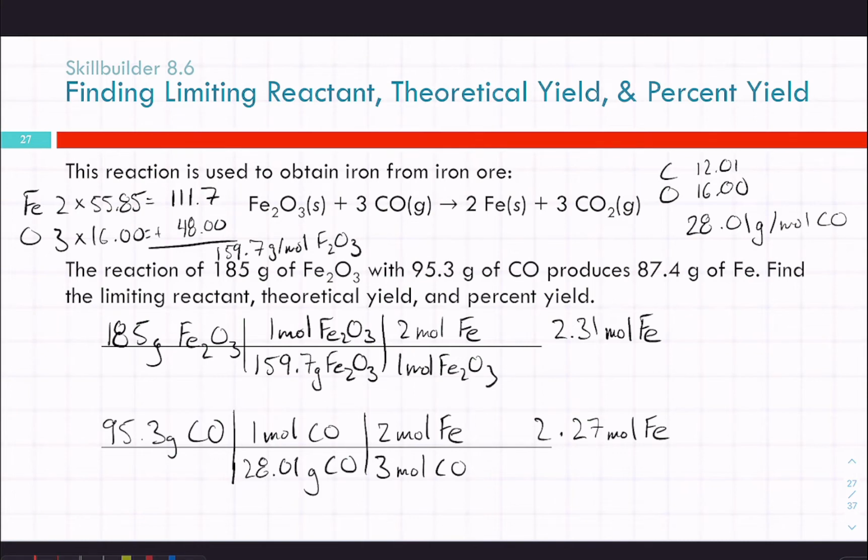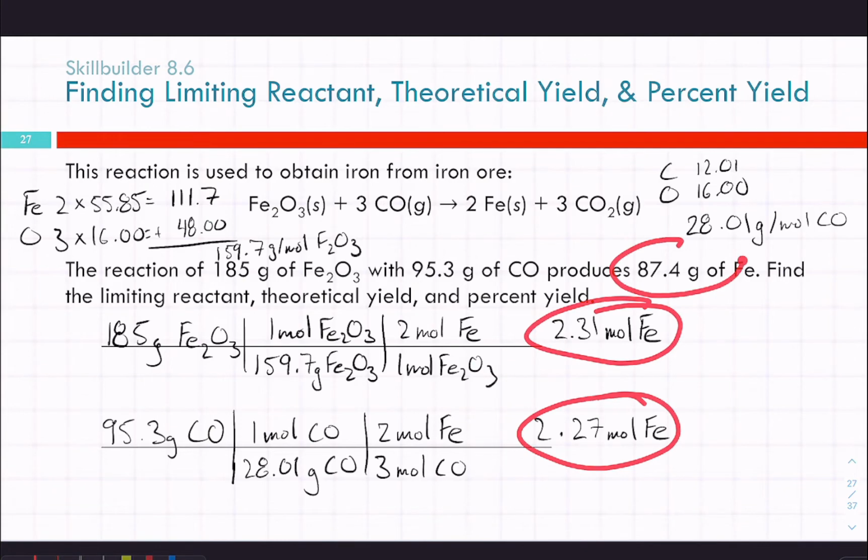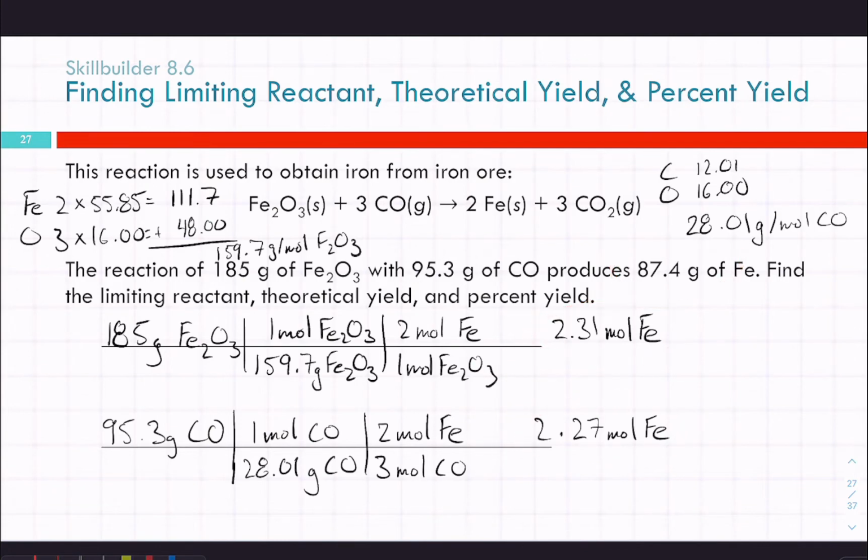I would word this differently. I would say that this reaction actually produces this amount. Calculate the theoretical yield based on these other quantities.